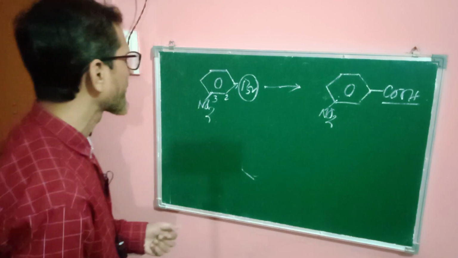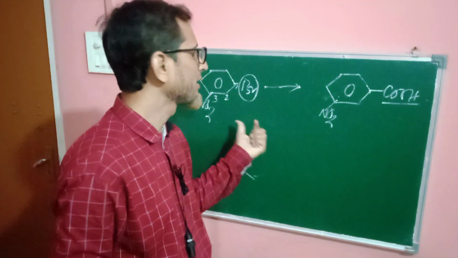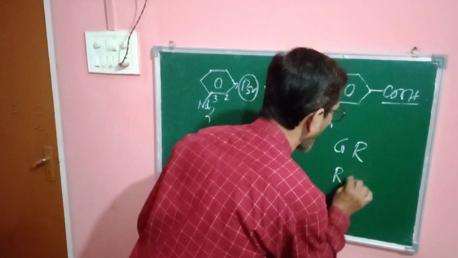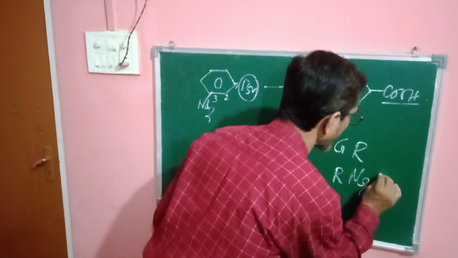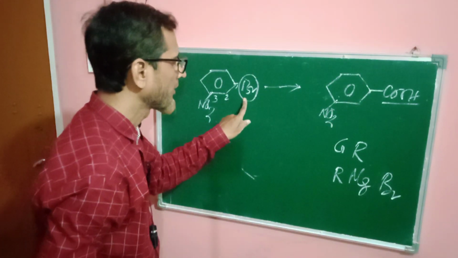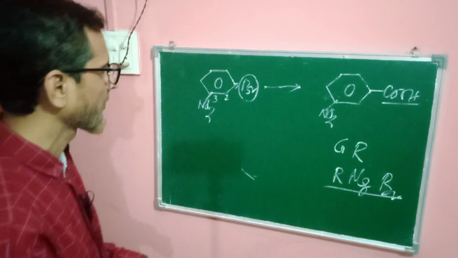So when there is a bromine, instantly there is a question: you try to make it a Grignard reagent. In that class I told you Grignard reagent, RMgX. X may be bromine, may be chlorine. When there is bromine, you try to make it a Grignard reagent.